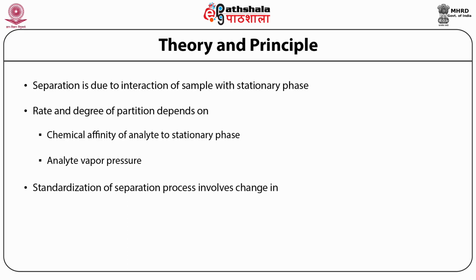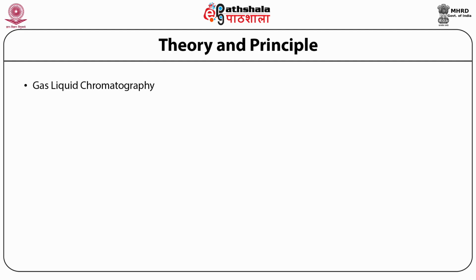During standardization of the process, parameters such as chemical affinity of the analyte towards the stationary phase and analyte vapor pressure are manipulated by changing either the chemical nature of the stationary phase or the column temperature. In gas liquid chromatography, the mobile phase is the carrier gas, which is inert in nature, like helium, hydrogen or nitrogen. In most instruments, helium is used as carrier gas, but for better separation, hydrogen is the preferred gas.